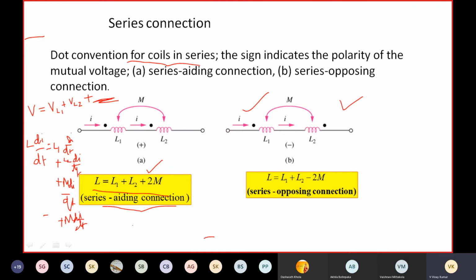See, the total voltage induced in coil 1. Let V1 be the total voltage induced in coil 1. That is equal to L1 di by dt plus M di by dt.